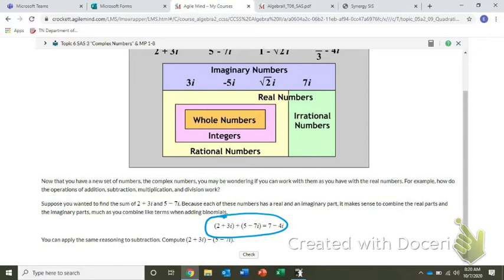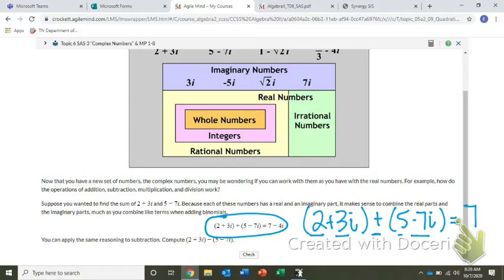So we literally just, we're treating this like it was an X. 2 plus 3i plus 5 minus 7i. So I'm combining my real component. So 2 plus 5 is what? Okay, 7. And then we have 3 plus negative 7, which is a negative 4. Okay, so all I did was combine.